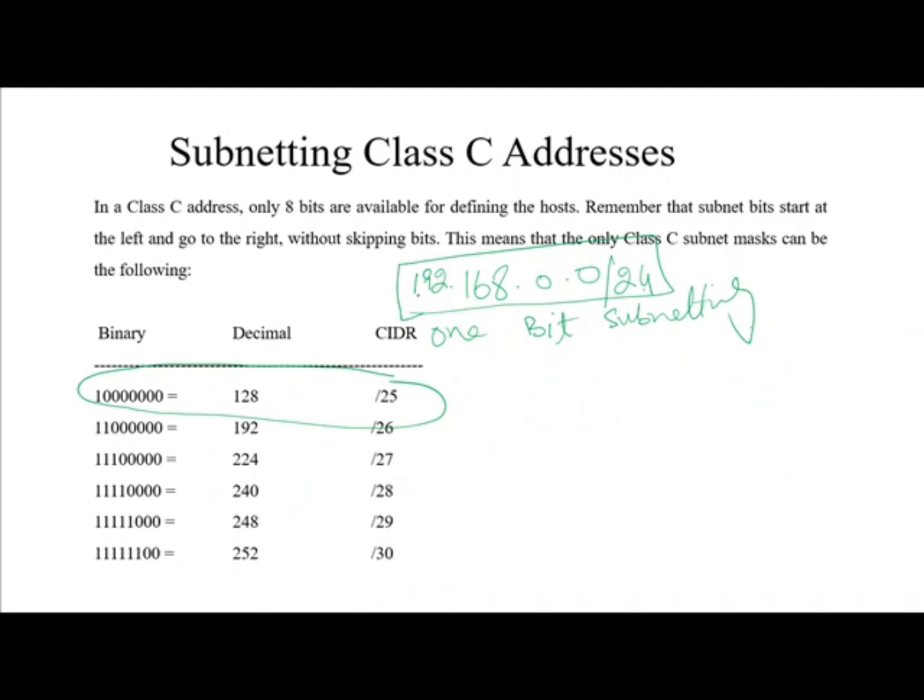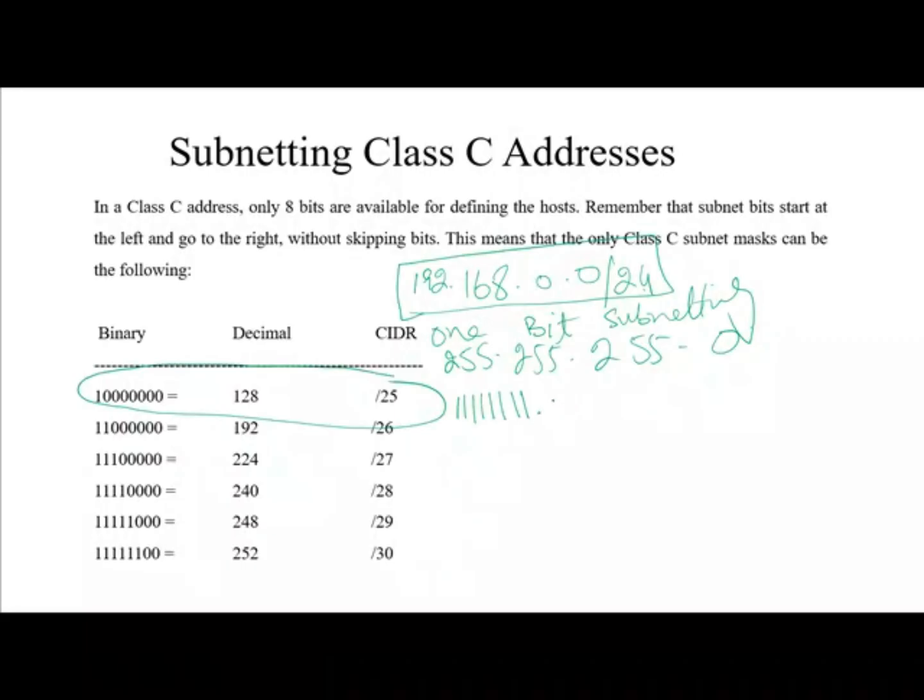I'm first breaking down these. So with the subnet mask of 255.255.255.0, 1, 2, 3, 4, 5, 6, 7, 8. This is the first one. Then we have a dot.